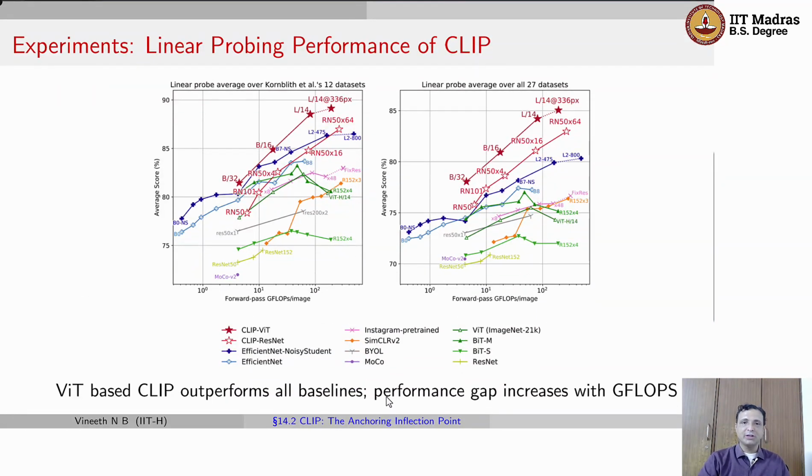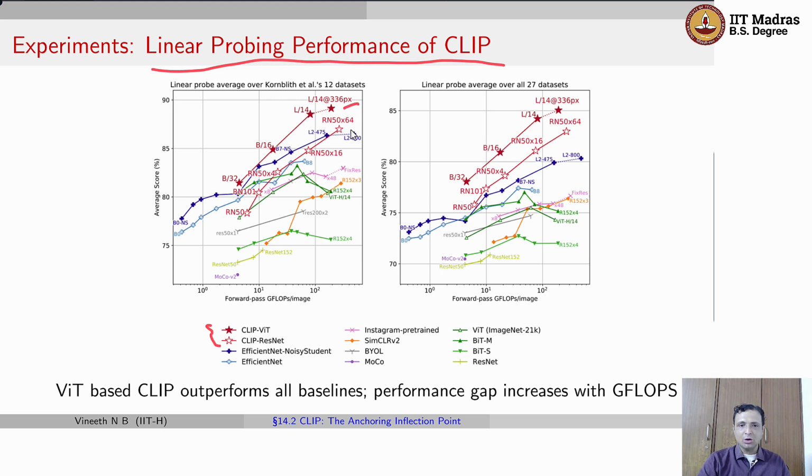Here is another of their experiments where they studied the linear probing performance of CLIP, which is, in other words, a linear classifier trained on the CLIP image feature representations. You see here the solid stars and the hollow stars that correspond to CLIP models.